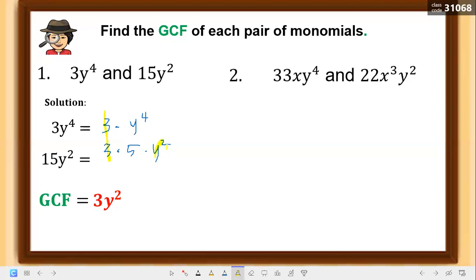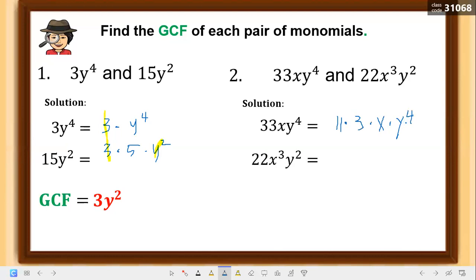Okay, let's have another, number 2. How about this one? Can you give me first the factors of 33xy raised to 4? 3 times 11 times 3 po. May kulang pa. Tapos x, y raised to 4 po. Okay, very good. So, ilista muna natin. 11 times 3 times x times, since dalawang variable yan, paghiwalayin natin kasi they are factors, times y raised to 4.